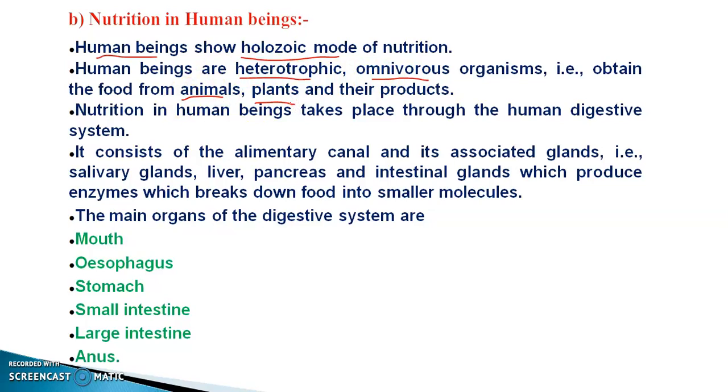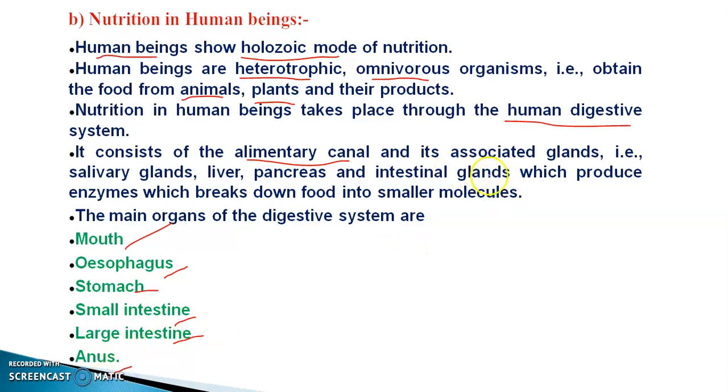For that mechanism, human beings have a digestive system, because the holozoic mode of nutrition requires a digestive system. The human digestive system consists of the alimentary canal, which includes the mouth, esophagus, stomach, intestine, like small intestine and large intestine, and the anus.